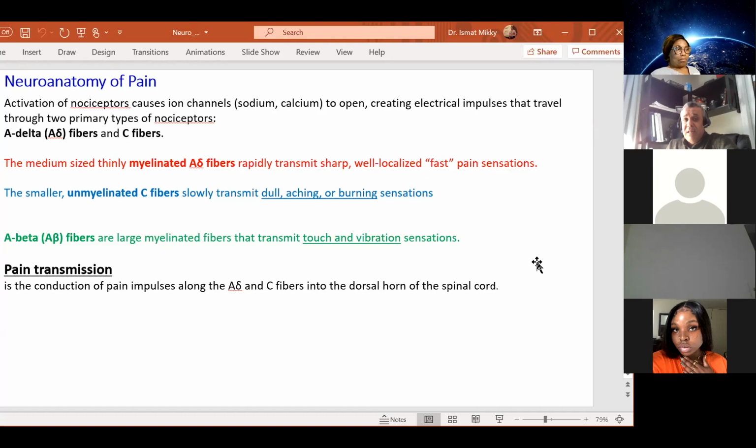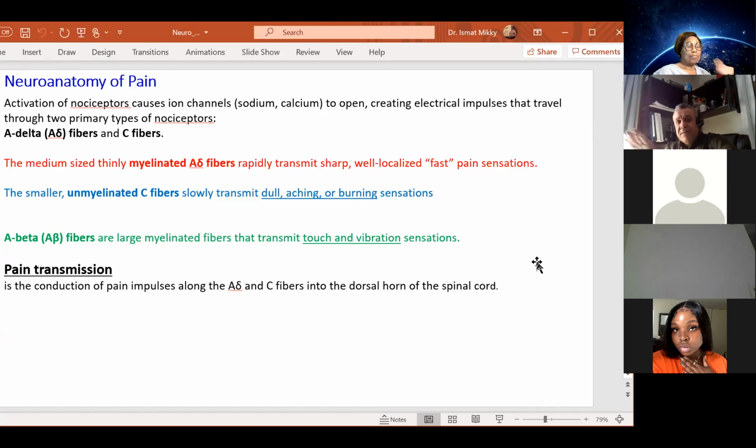They are myelinated, so they are covered by the myelin sheath. And anytime you hear myelin sheath, next to it write down the velocity of the impulse, which is how fast the impulse will be transmitted along the fibers.